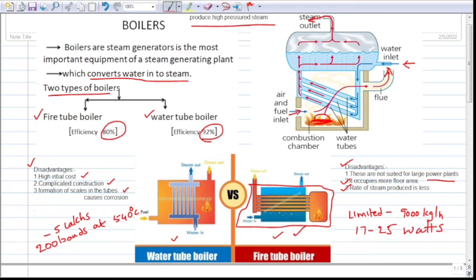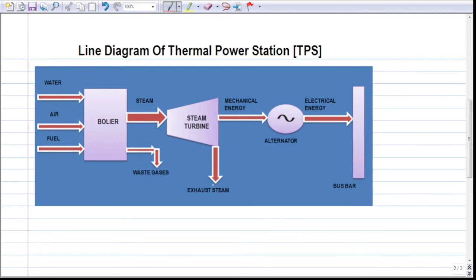Mainly, these boilers are the most important part of the steam power plant. This is the boiler section. The input water, air and fuel are given to this boiler.